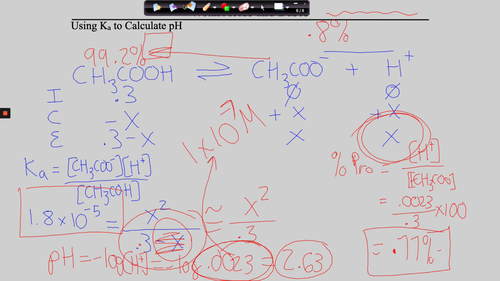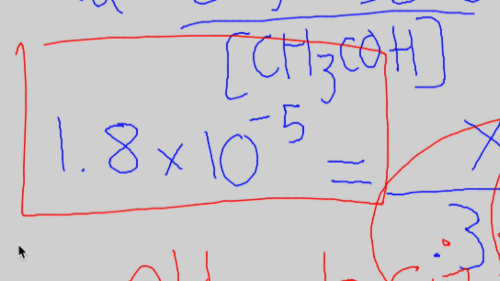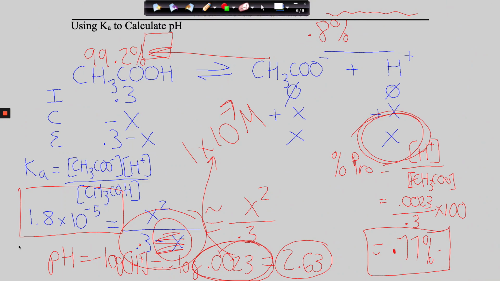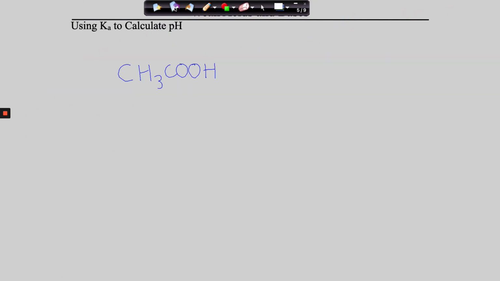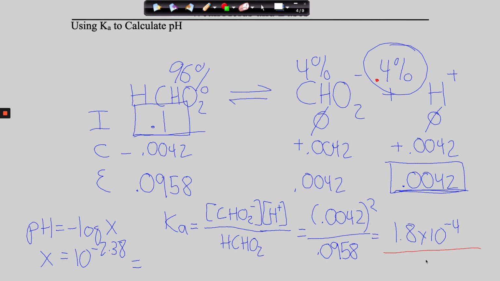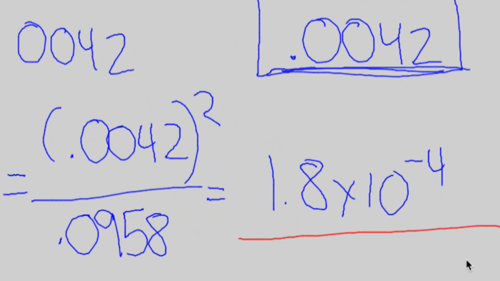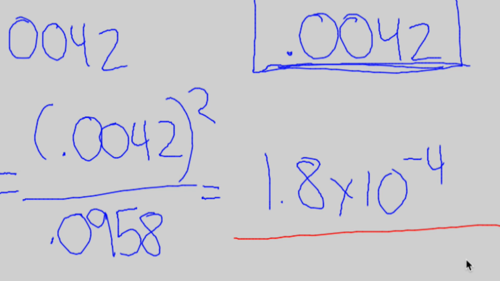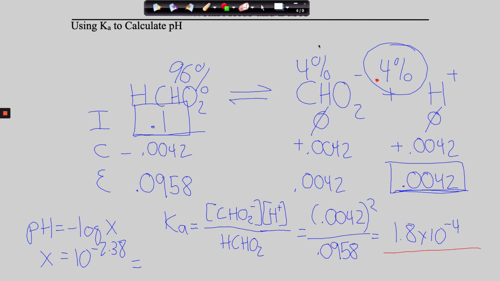It breaks apart more, right? And so guys, where do we find that information represented? We find it here. The Ka value for vinegar is 10 to the negative 5th. The Ka value for ant spit is 10 to the negative 4th. Therefore, it is a stronger weak acid. Does that make sense?